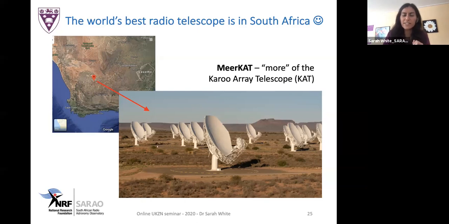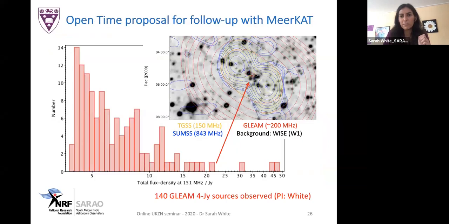So what we did for our open time proposal was to point MeerKAT at 140 of the GLEAM 4Jansky sources. And for this, we just spent 5 minutes per source. They're so bright that we don't really need to spend any longer than that on them.